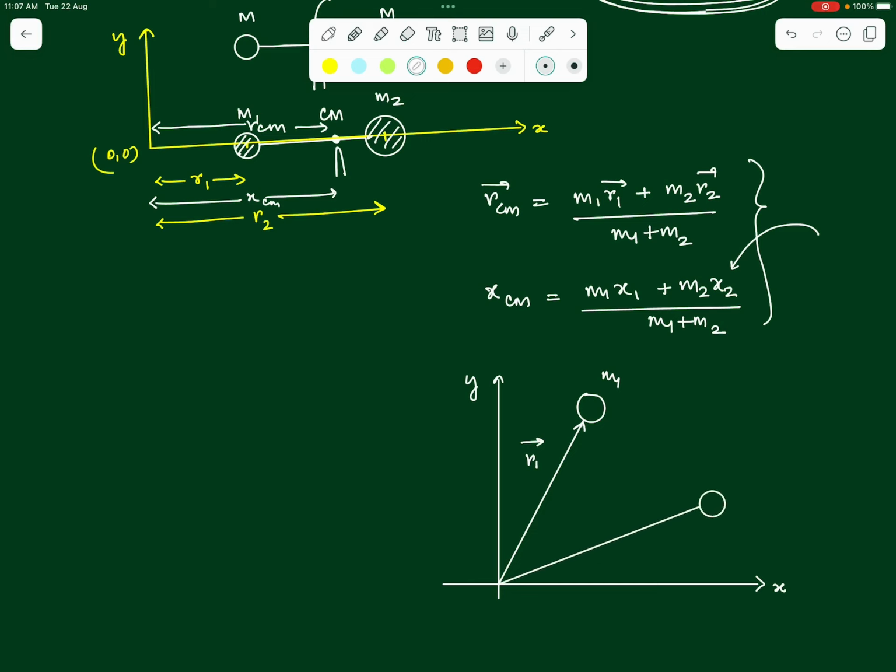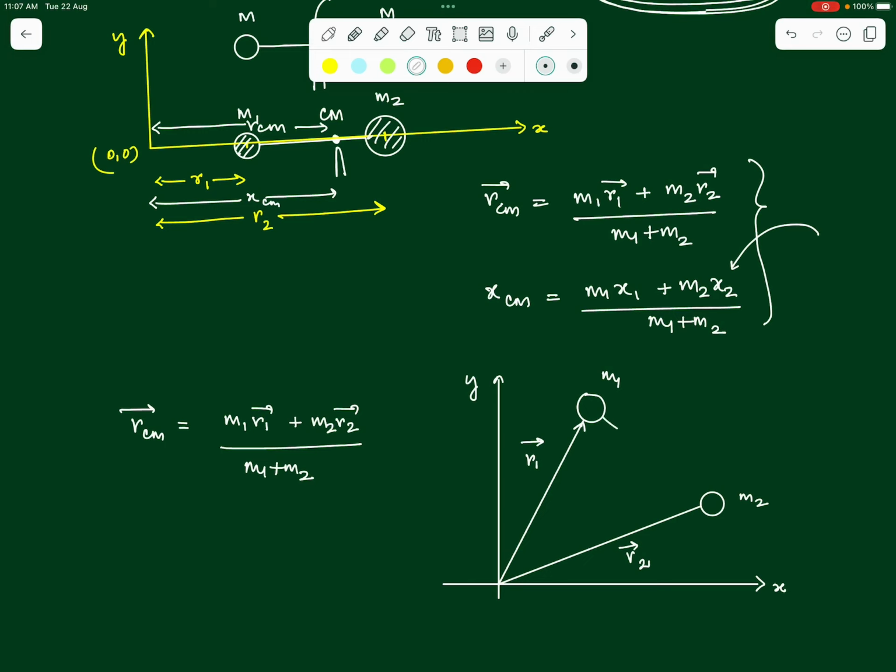In general, m1 and m2 will be different. So m2 is placed at a position vector r2. In this case, we can still define the position of center of mass R_CM with the same formula, (m1 r1 + m2 r2) over (m1 + m2). This is the defining equation for center of mass.